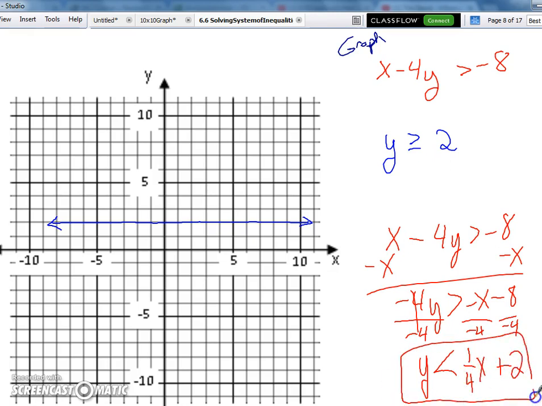So this is what we're actually graphing here. Don't forget about that. When you divide or multiply by a negative, it changes the inequality symbol. So here we're going to start at positive 2, and we're going to go up 1 over 4. Up 1 over 4. And notice it's a dotted line.